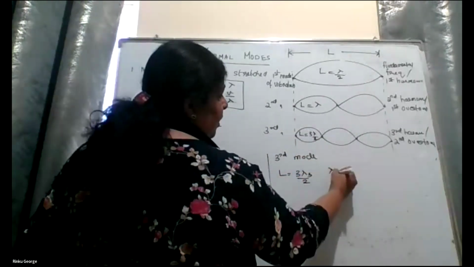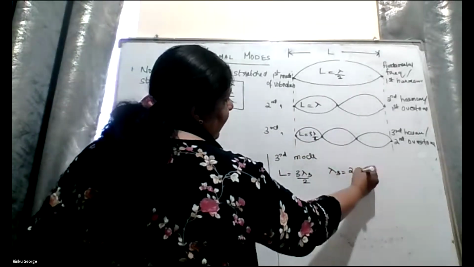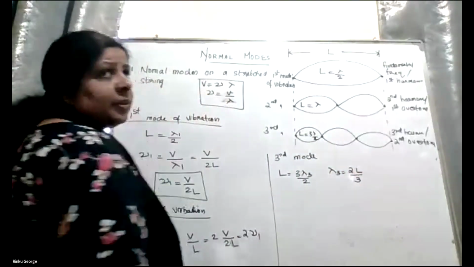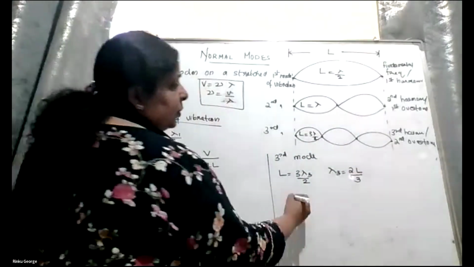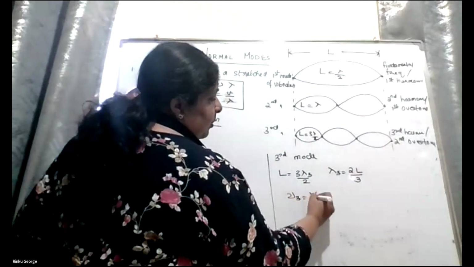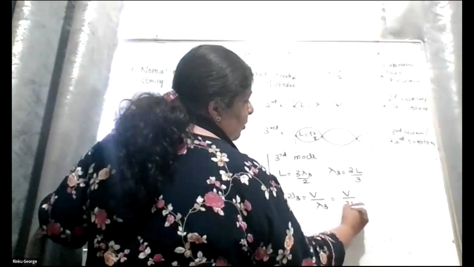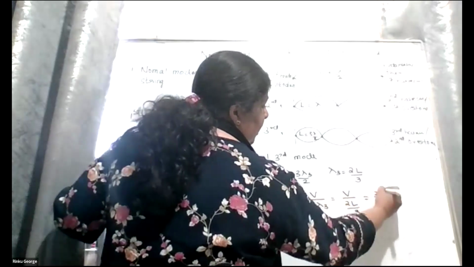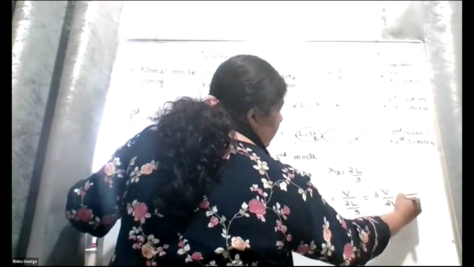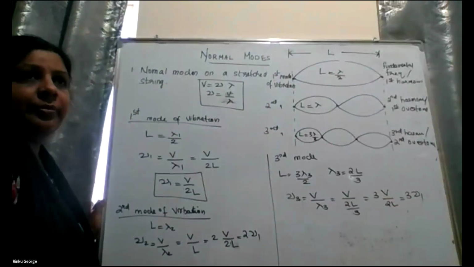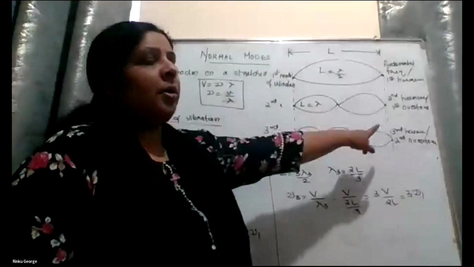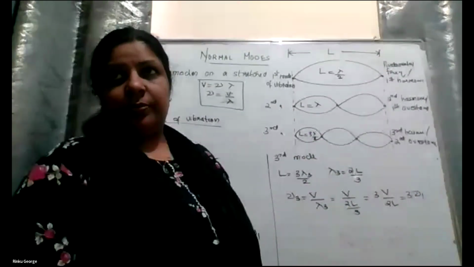Or lambda 3 is 2L by 3, correct? What is nu 3? Nu 3 is equal to V by lambda 3. That is V by 2L by 3, or 3V by 2L. That is 3 nu 1. So that will be the third harmonic or second overtone.